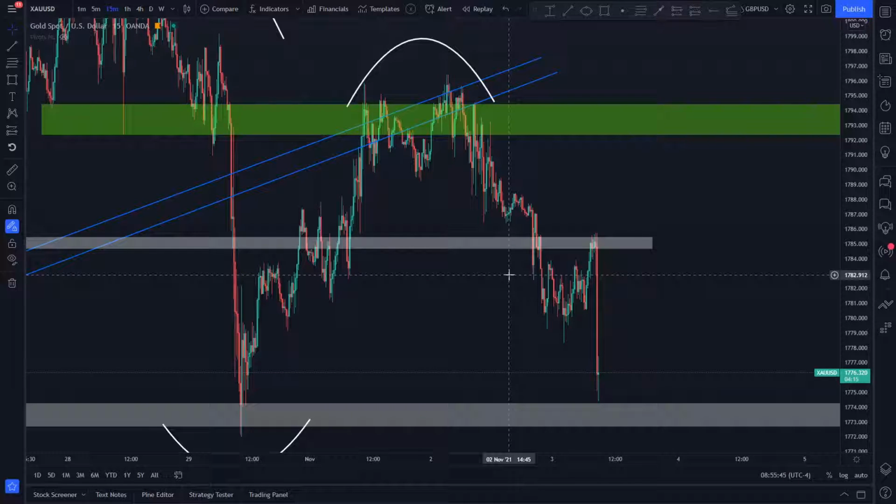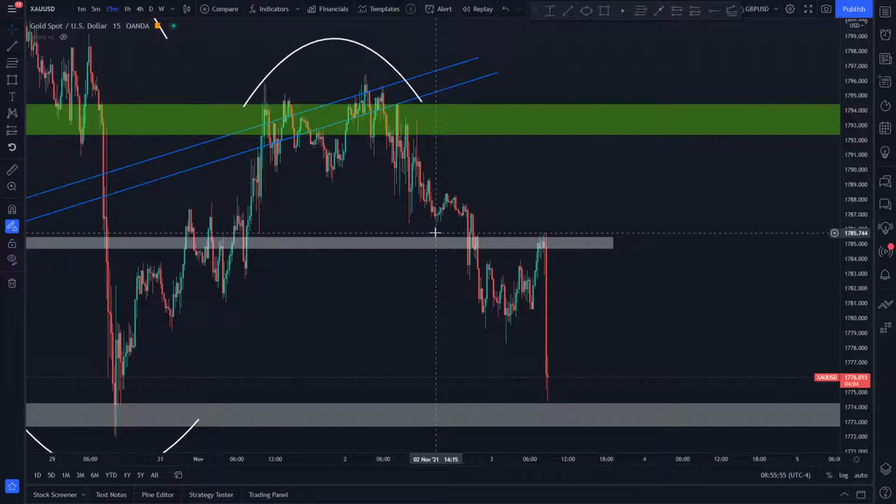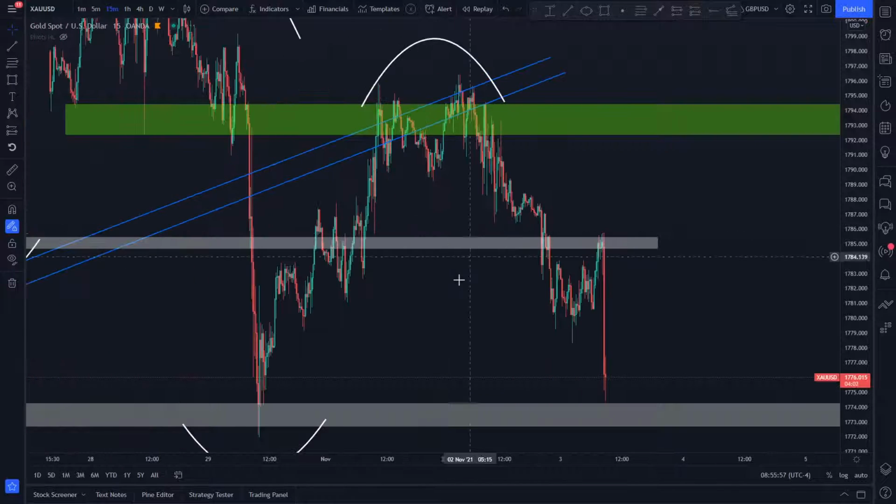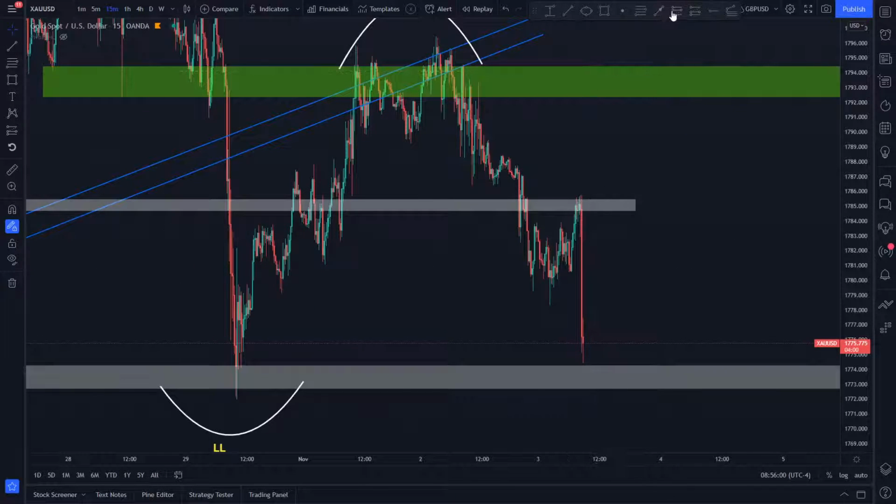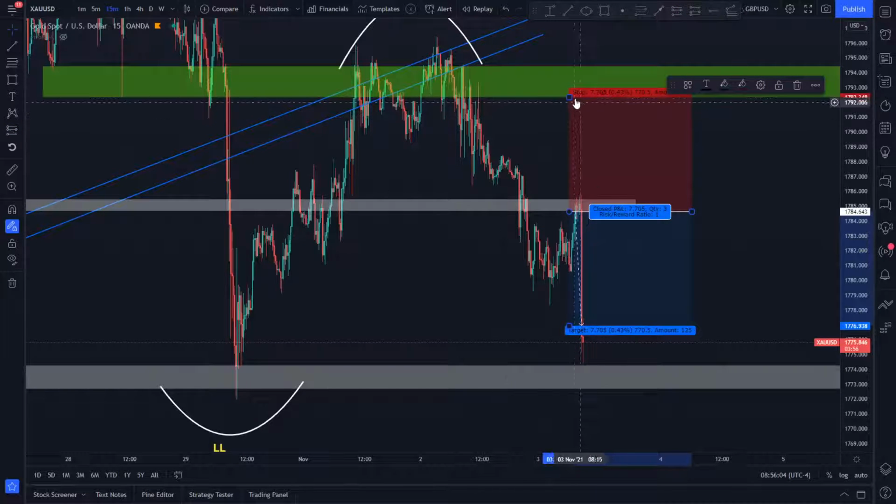That depends. I don't really trade based off of risk to reward. I mostly use my extension or I use next level zones, so it will differ. Let's say I had a trade here, which is how I normally would trade.